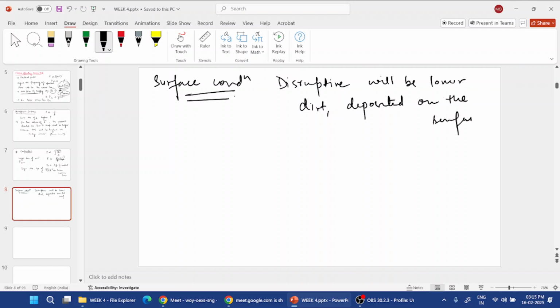So (Vp minus V0) whole square, if V0 gets lower, then the whole expression will get a higher value, so the corona losses will increase.